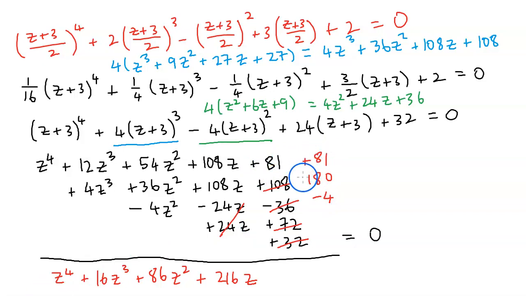Plus 81 plus 180 minus 4, so that would be 77 plus 180, so that would be 257. Right, so that should equal 0. And so that is our quartic equation with the roots that we needed it to have.